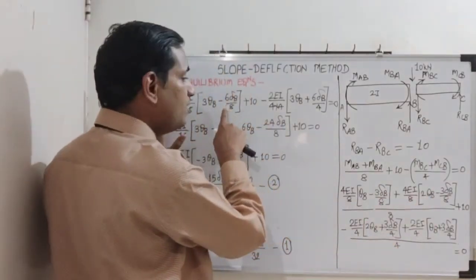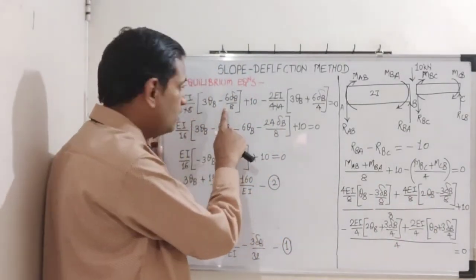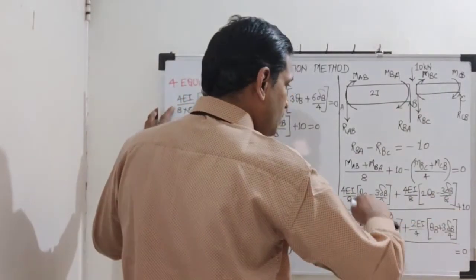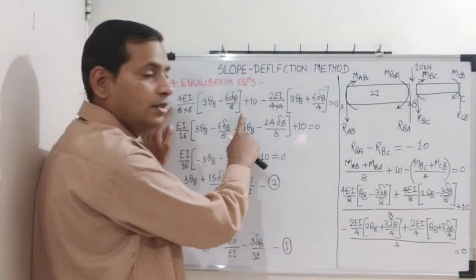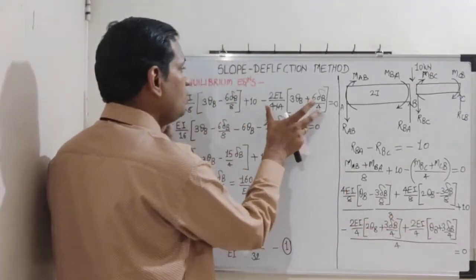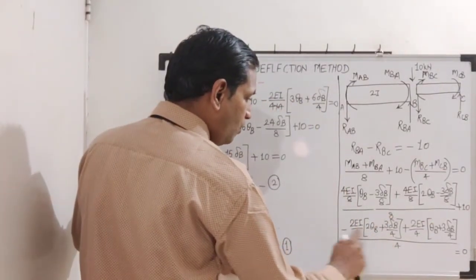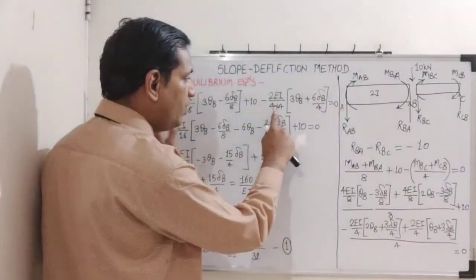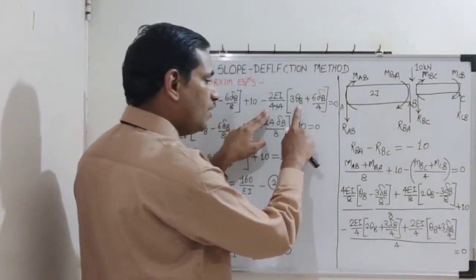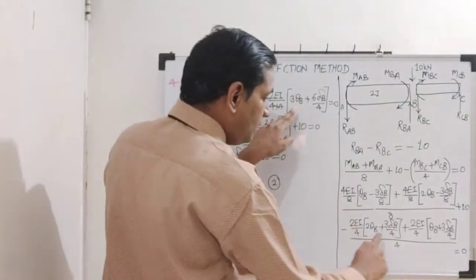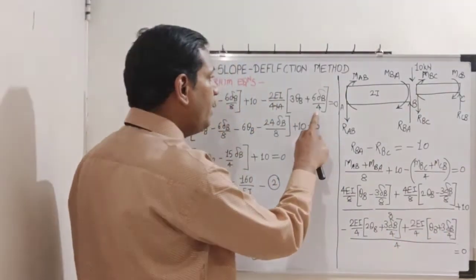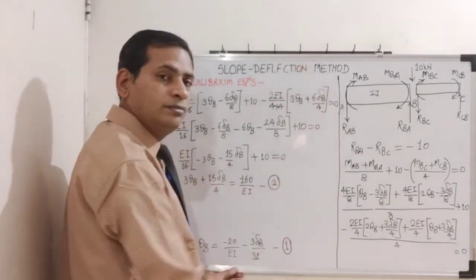So this becomes minus 6 delta B by 8. So the simplification of this particular first term is this small one. Then plus 10. Then third term, it is here. 2EI upon 4 into 4 into bracket. 2 theta B plus 1 theta B is 3 theta B. Then 3 delta B by 4, 2 times. So 6 delta B by 4. So it is equal to 0.